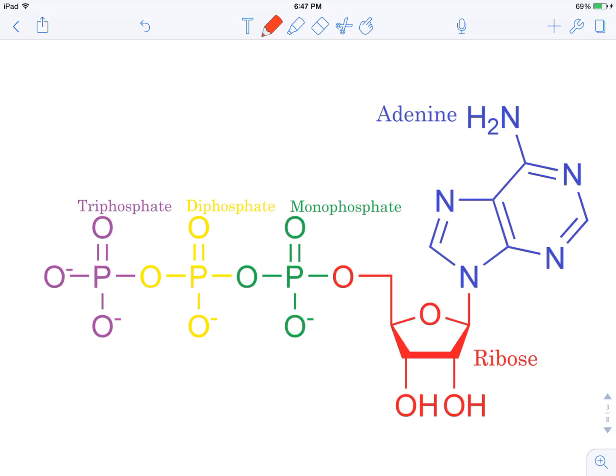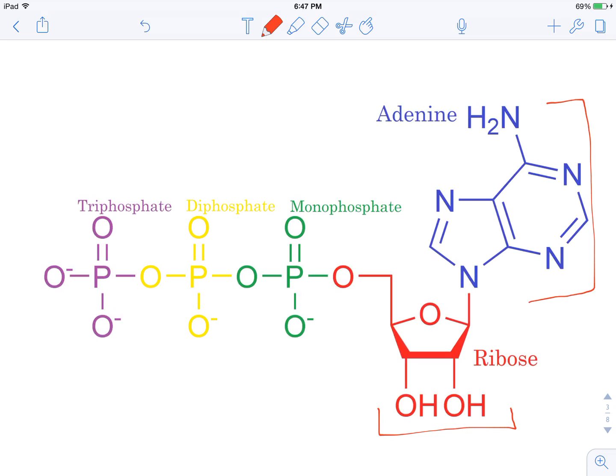The first group we have is adenine, that's the beginning of the name of ATP, adenosine triphosphate. Adenine is attached to a sugar that is a ribose sugar, and we learned about those. That's actually what gives it the name adenosine.